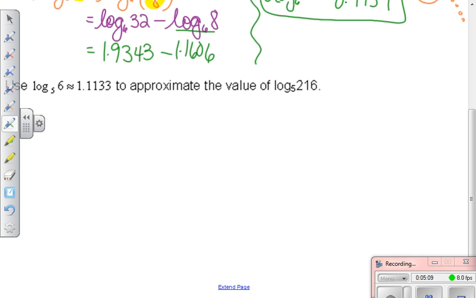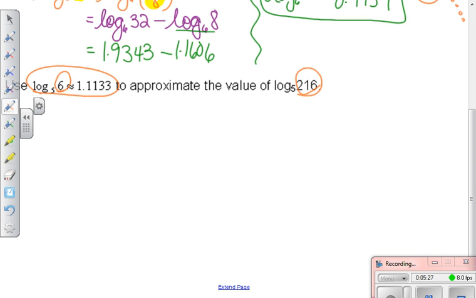If I look at this last example, I have to think about log base 5 of 6 I'm given. So is there any way to rewrite 216 in terms of 6? Can I write it as a product, as a quotient, as a power?